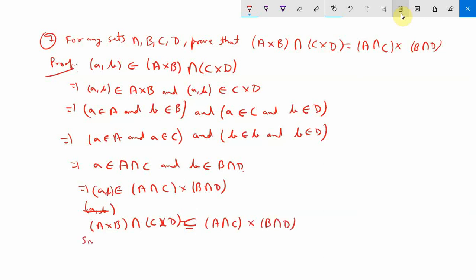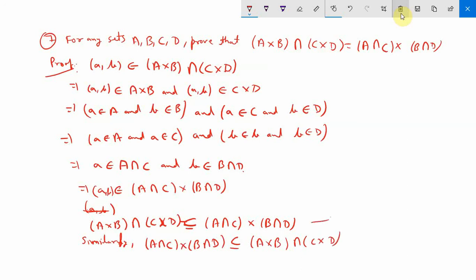Similarly, we can prove (A ∩ C) × (B ∩ D) is a subset of (A × B) ∩ (C × D).